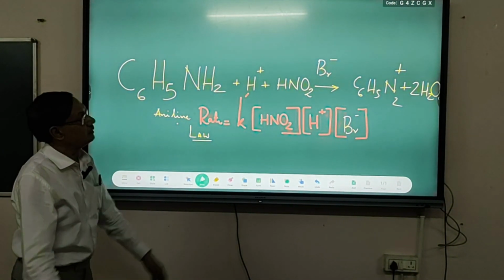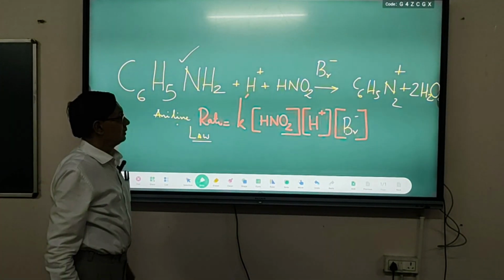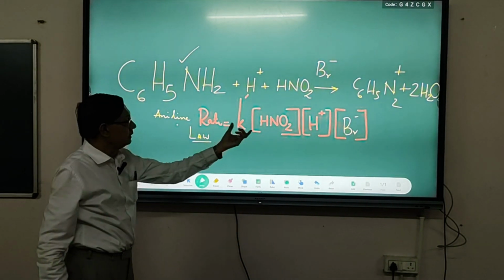Now surprisingly, the main reactant is not involved in the rate law.